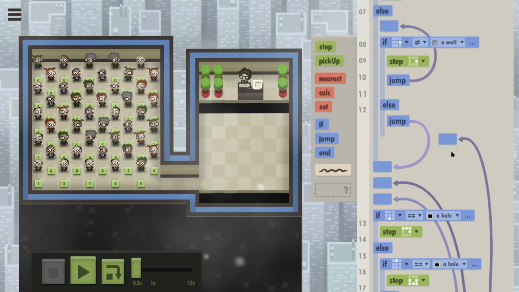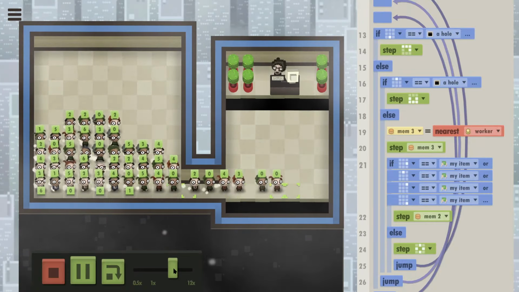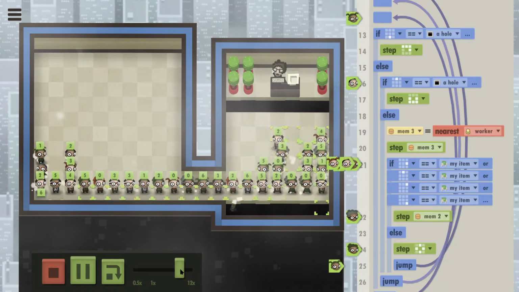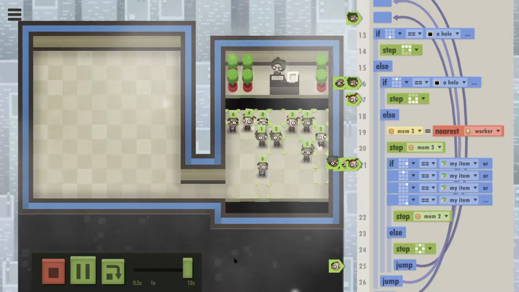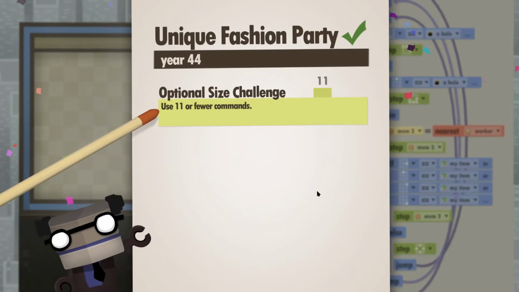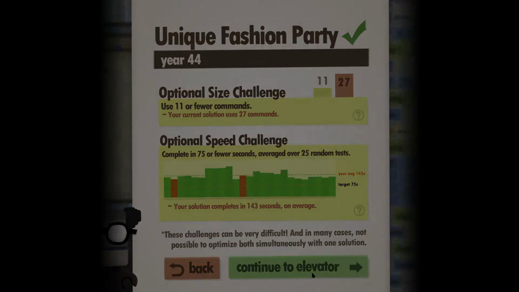So that jump should go to here. Hey, much faster. Thank goodness.